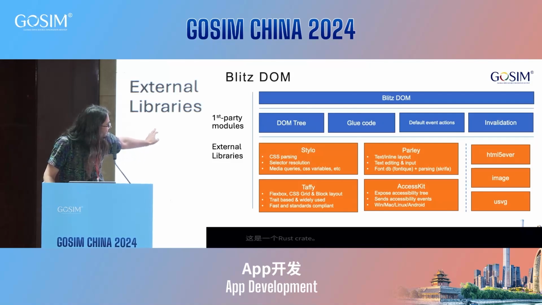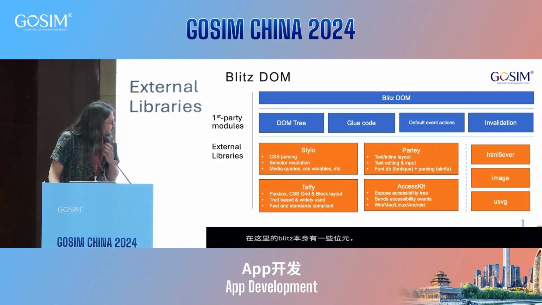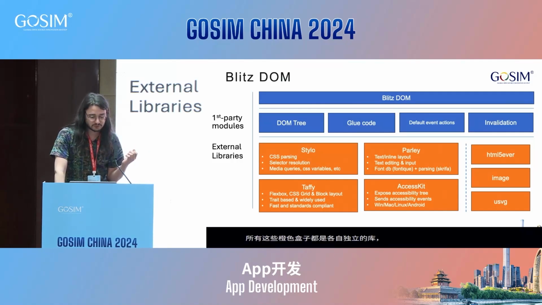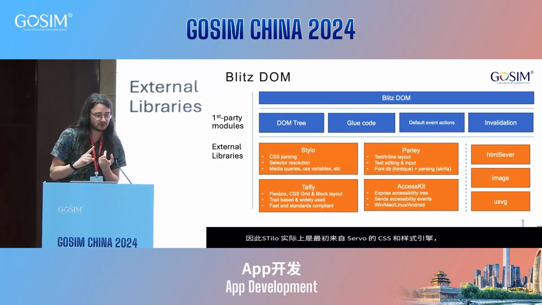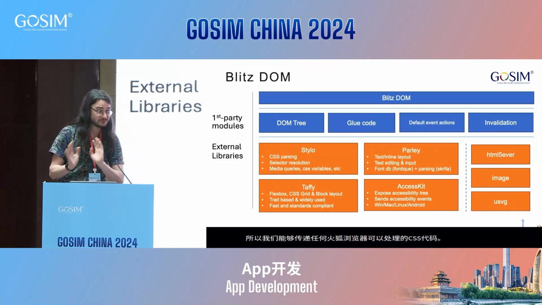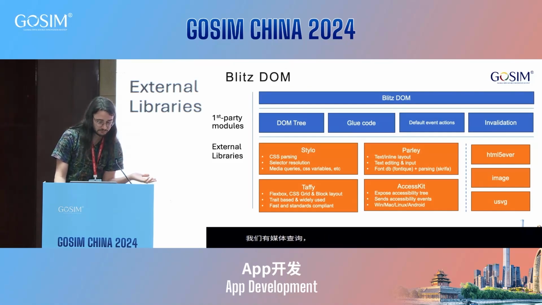So Stylo is actually the CSS and styling engine from originally Servo, but it's now also used in Firefox, which is really cool because it means that we have the full power of CSS. So we can parse any CSS that Firefox can. We support all the selectors. We've got media queries, we've got CSS variables, basically anything that a browser can do, and we haven't got quite everything implemented yet, but we will do.